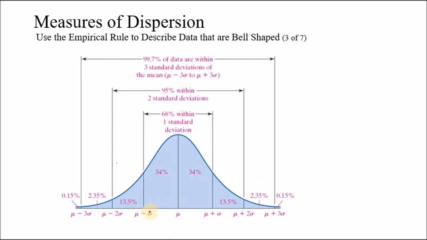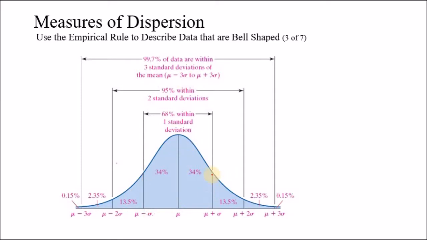So what the empirical rule says is if our data is roughly bell-shaped, the mean is going to be in the middle of my data, so that is the mean. And then it states that 68% of my data will be within 1 standard deviation from the mean. So if you add 1 standard deviation to the mean and subtract 1 standard deviation from the mean, that set of data will represent 68% of my data.